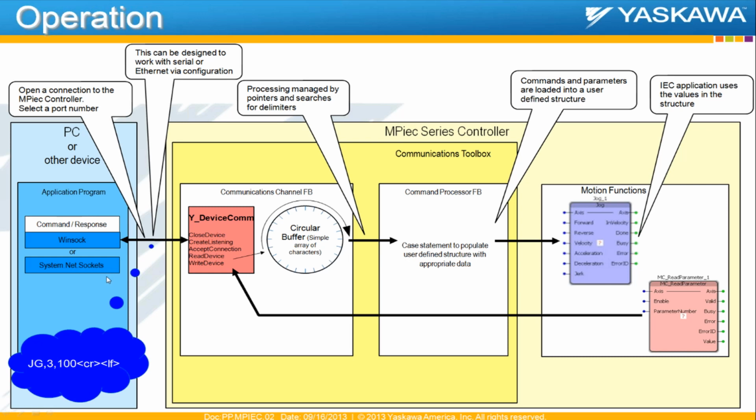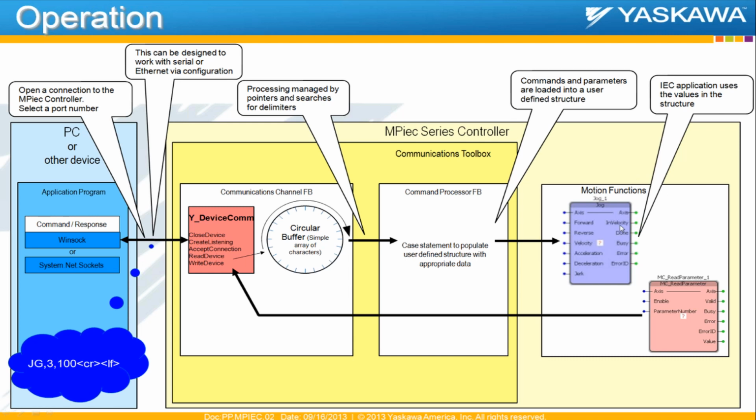And the real goal is simply to send an ASCII string, a command that you've created or developed, and send this simple message over to the MPIEC controller and have it converted into some usable data in the IEC application program such that you can operate the machinery.